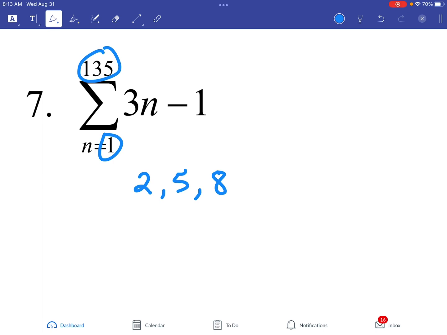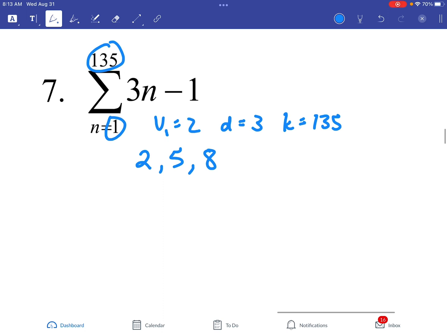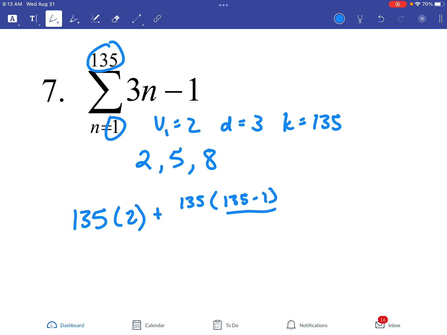All right. So now I can put that information in. I know u sub 1, which is 2. I know my common difference, which is 3. And I know my k value for this problem, which is 135. So with that information, I can put it into the partial sum formula for an arithmetic sequence. I'm going to have 135 times 2 plus 135 times 135 minus 1 divided by 2 times 3.